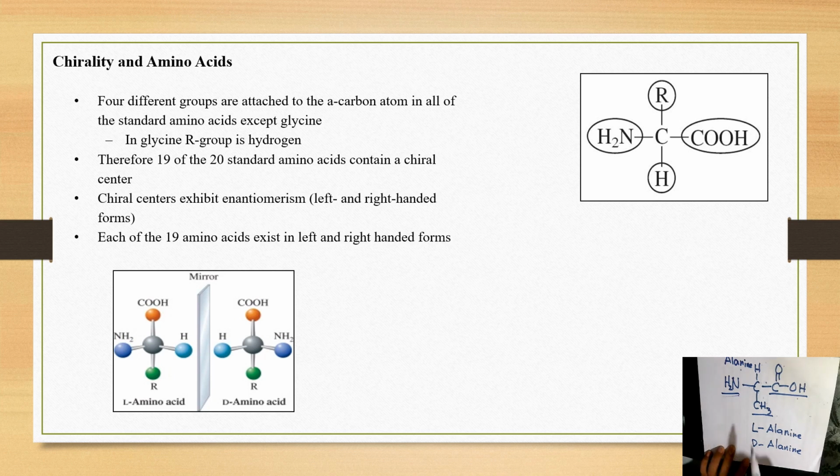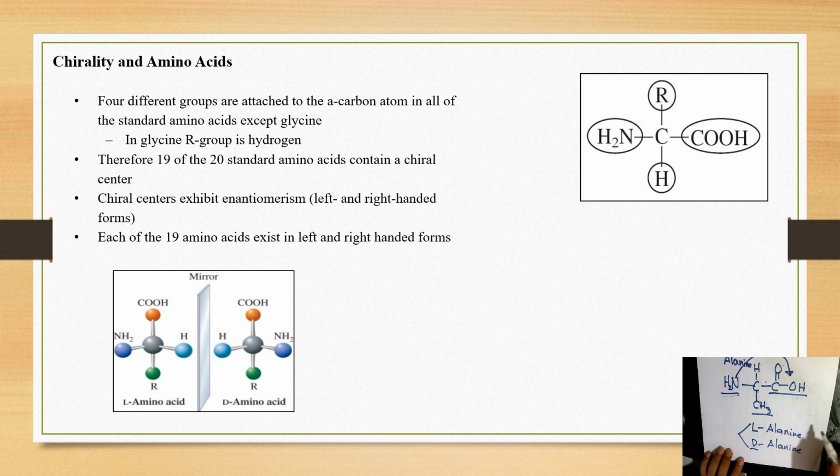If you put this amino group at the right side, then that is a D. D-alanine. So L and D are forms of enantiomerism. They are a pair of enantiomers.